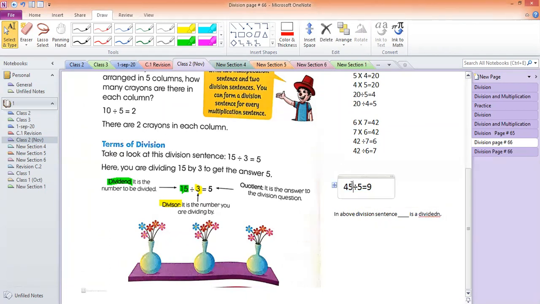And I can change it like this: in above division sentence, dash is a dividend. 40. No, I will ask another student.